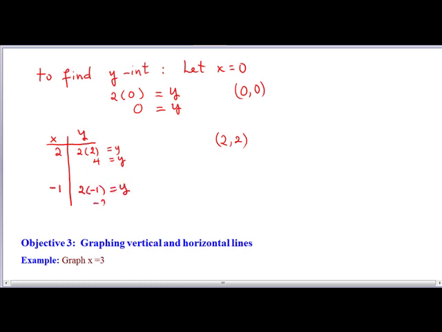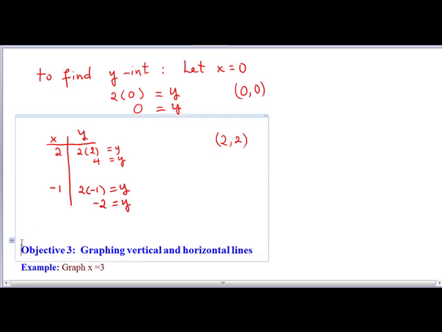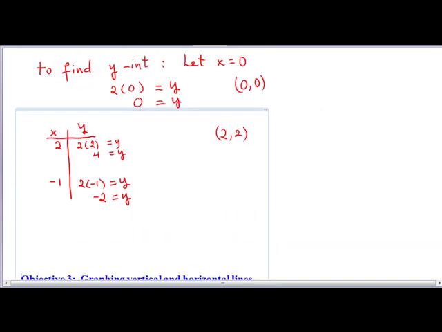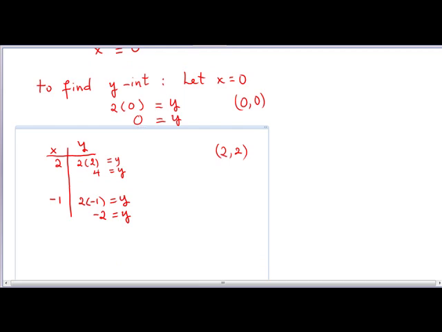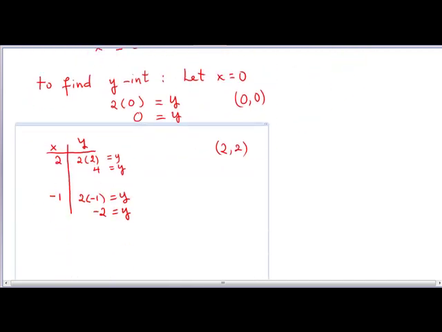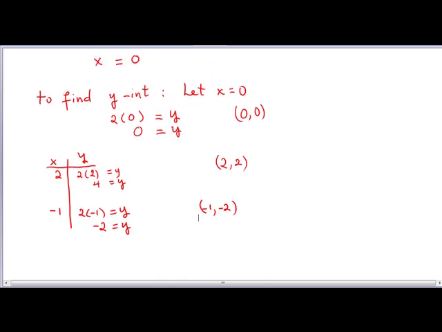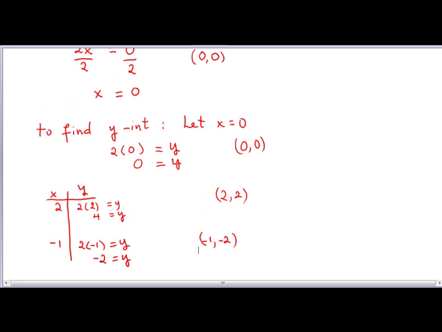Y is equal to minus 2. So I got minus 1 comma minus 2. So now I have 3 points. So we can go ahead and graph this equation.